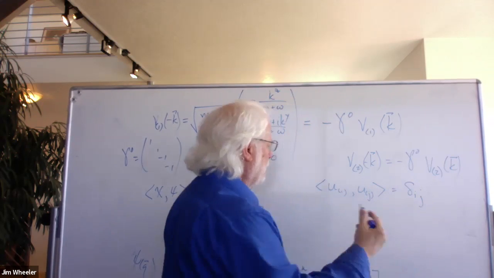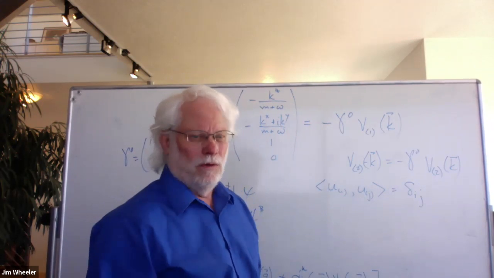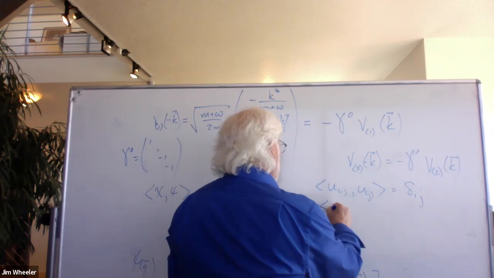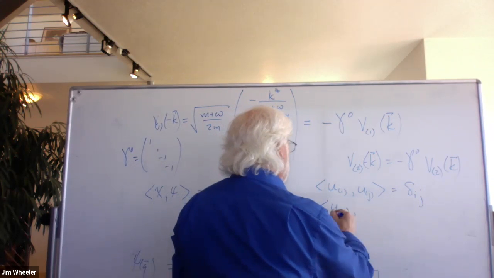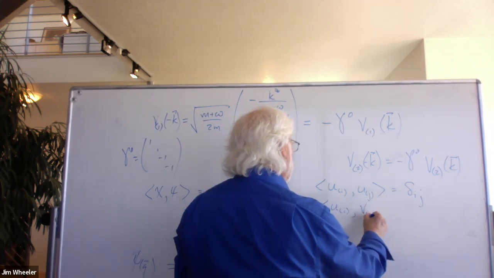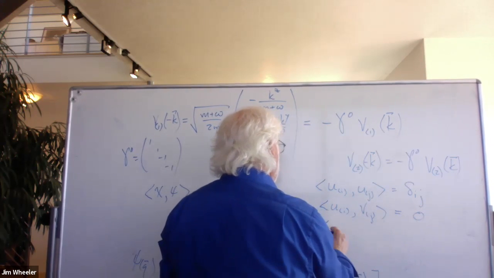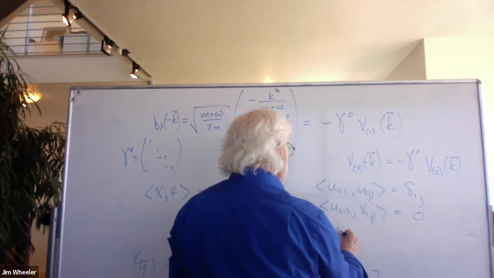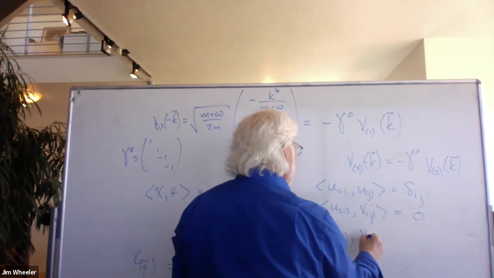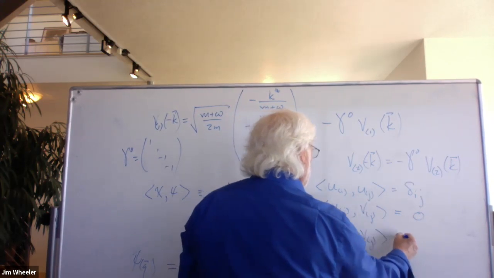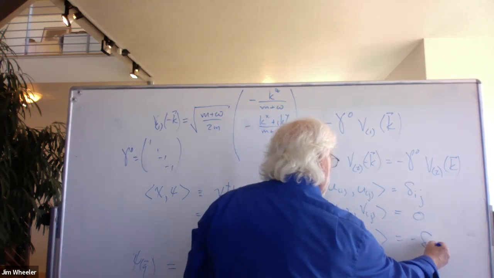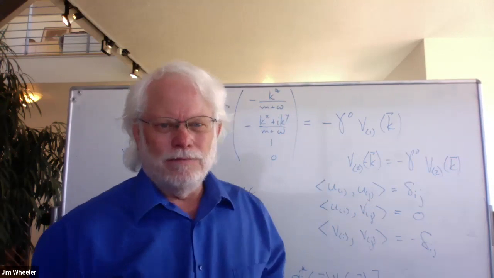Those two are just plain orthonormal. If I take a u with a v, either u with either v, I get 0. Those are orthogonal. And then this curious property of the indefinite metric, we get minus delta ij for the v's.